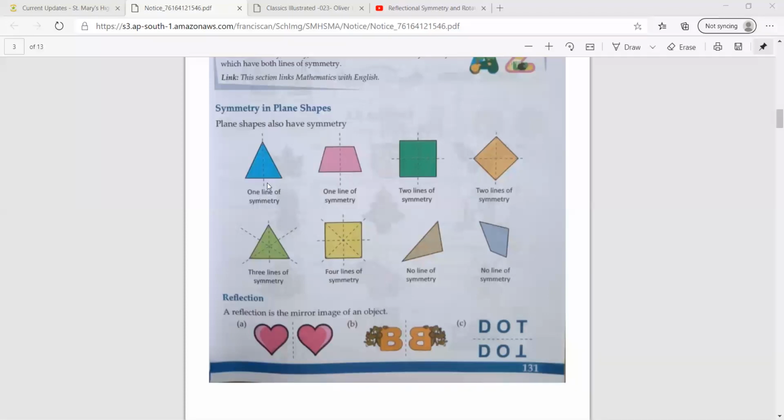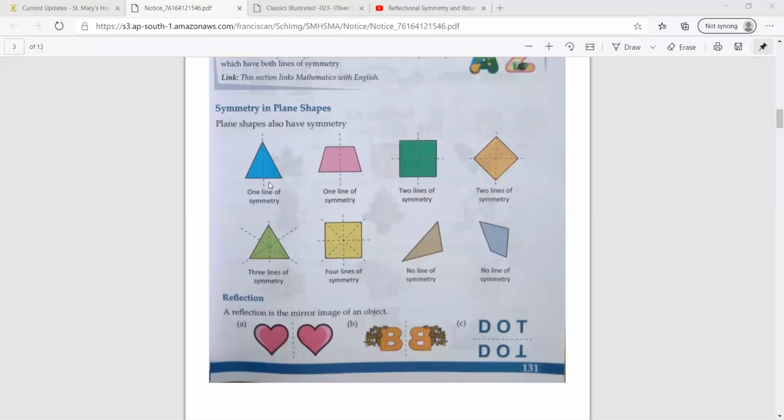We watched most of these in the videos that we watched earlier. So here there's a triangle, and they're telling that this triangle has one line of symmetry. Now in this triangle, it will have only one line of symmetry if both these sides are same.